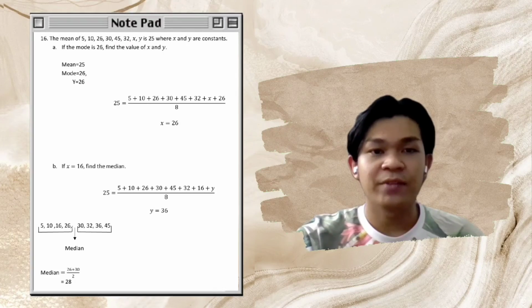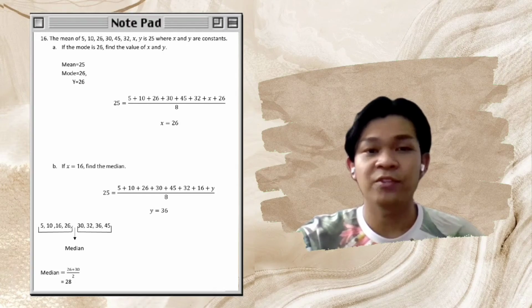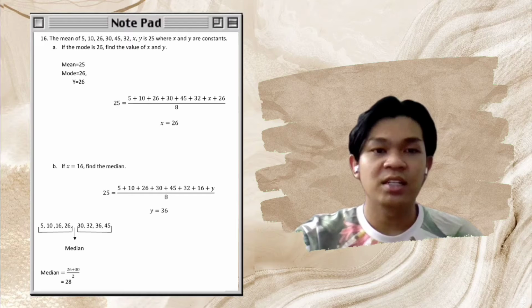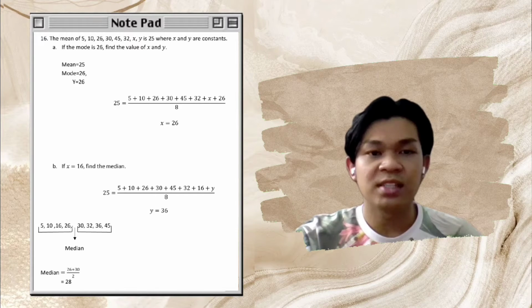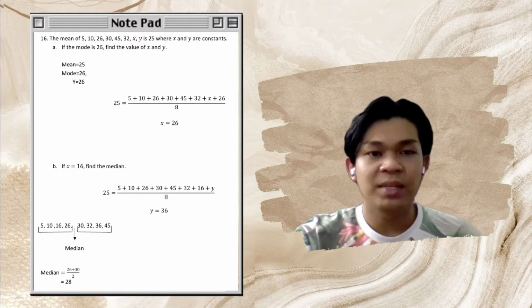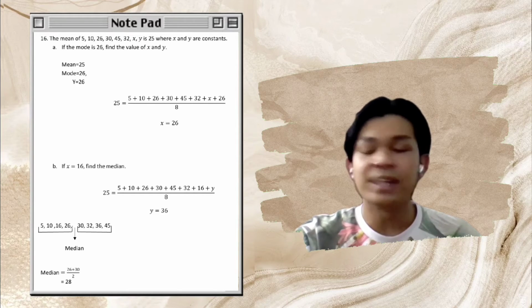Okay, the mean of 5, 10, 26, 30, 45, 32, X and Y is 25, where X and Y are constants. Question A: if the mode is 26, find the value of X and Y. We know the mean is 25 and the mode is 26. If we see the data given, 5, 10, 26, 30, 45 and 32, there is no mode here.